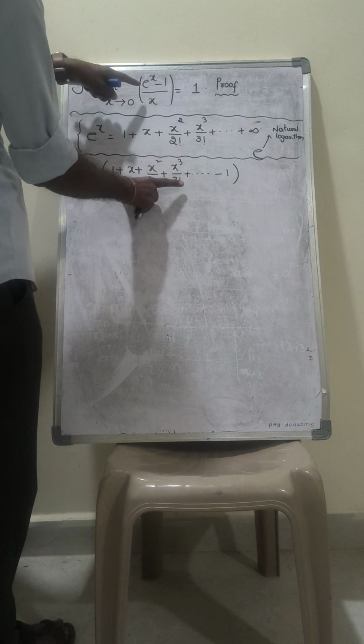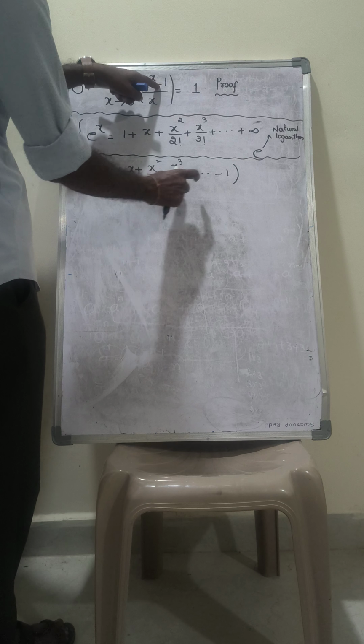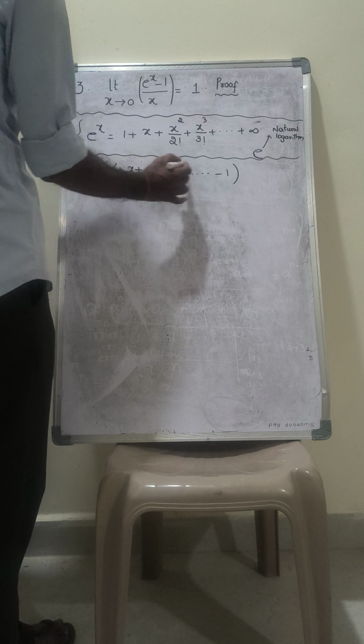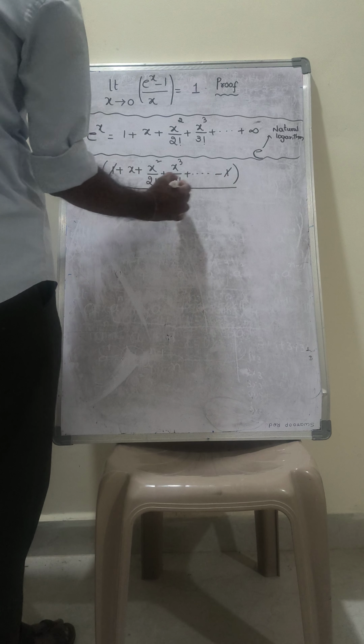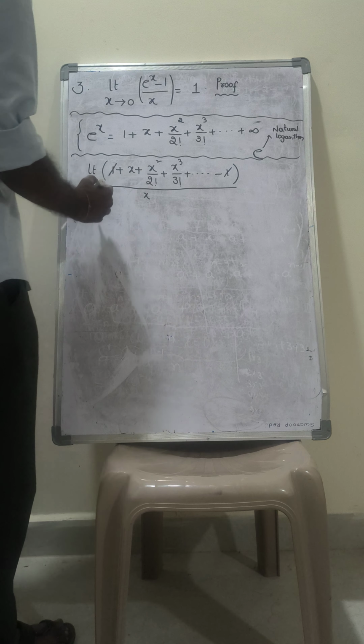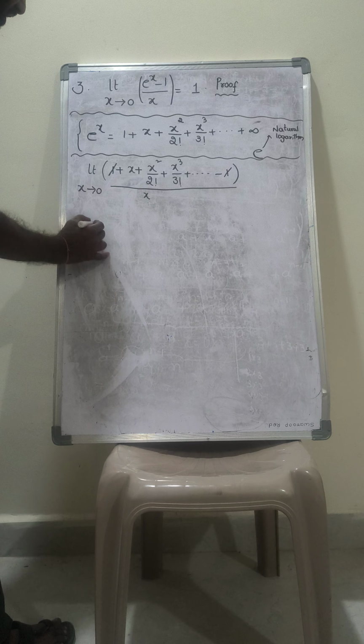So the plus 1 and minus 1 get cancelled, and we have x also. So limit x tends to 0.